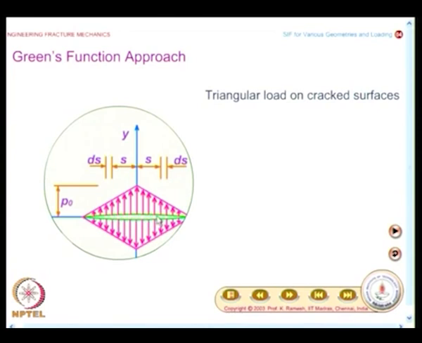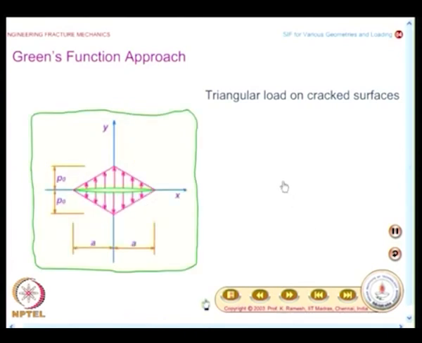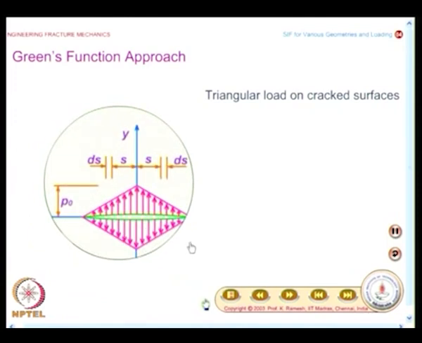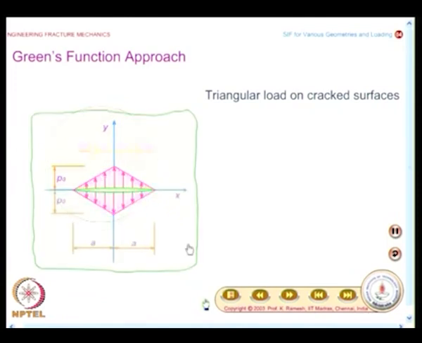There it was a concentrated load, now it is a distributed load. It is a very simple exercise, you have to recast the type of expressions. So, based on this diagram, it is possible for you to write that expression. The overall problem is given in this.